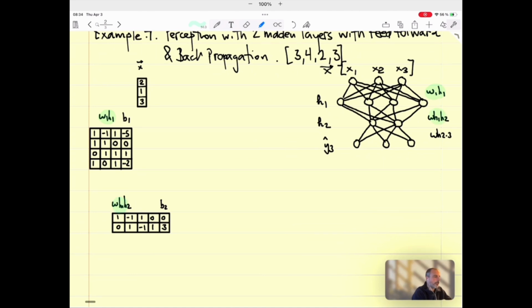And we want to have also the next one, which is going to be the weight matrix. It's going to be a 3 by 3.